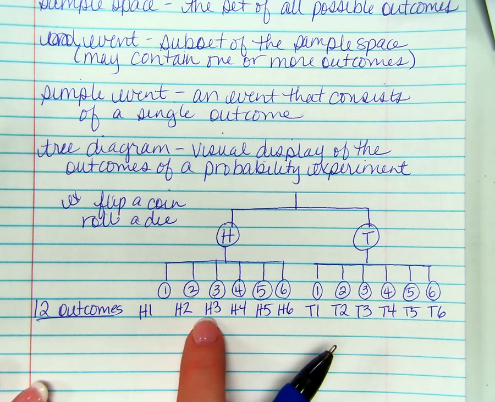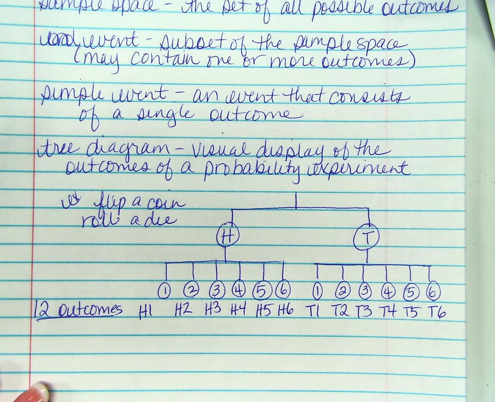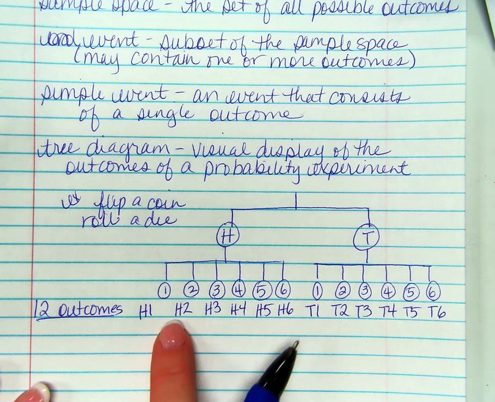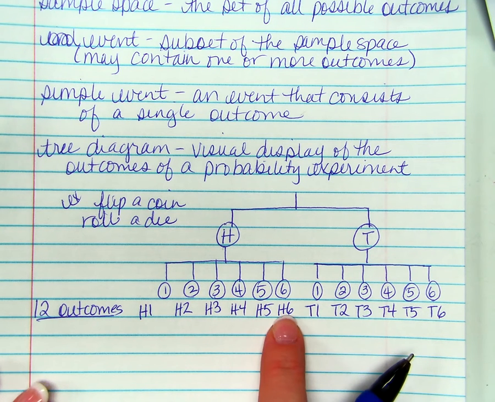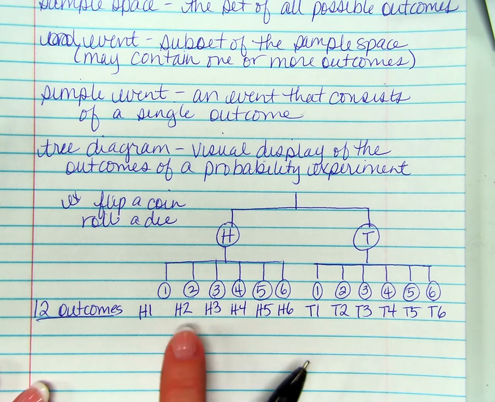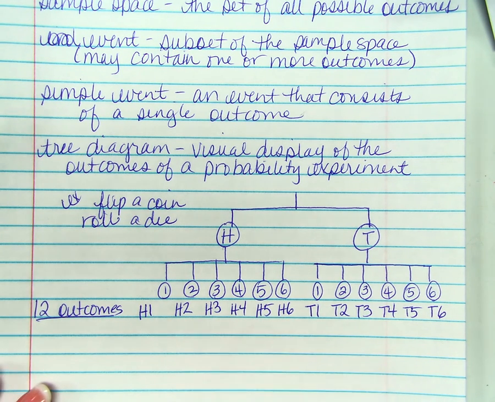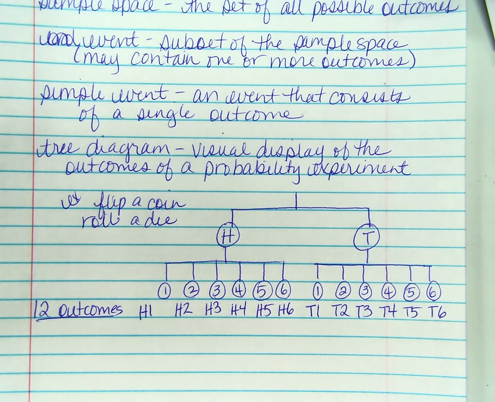One way, right there, right? But what about if I tossed a head and rolled an even number? Well, 1, 2, 3, right? That would be 3 possible outcomes. Is that a simple event? No, that's not a simple event. Okay? Any questions about that?